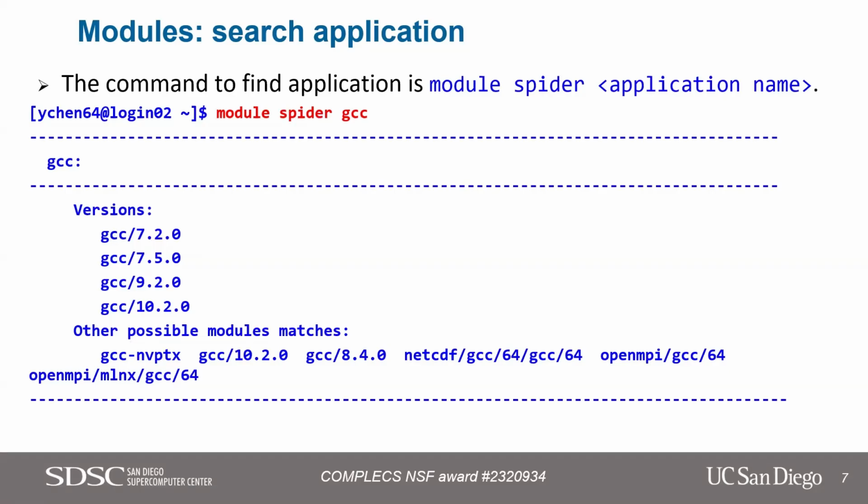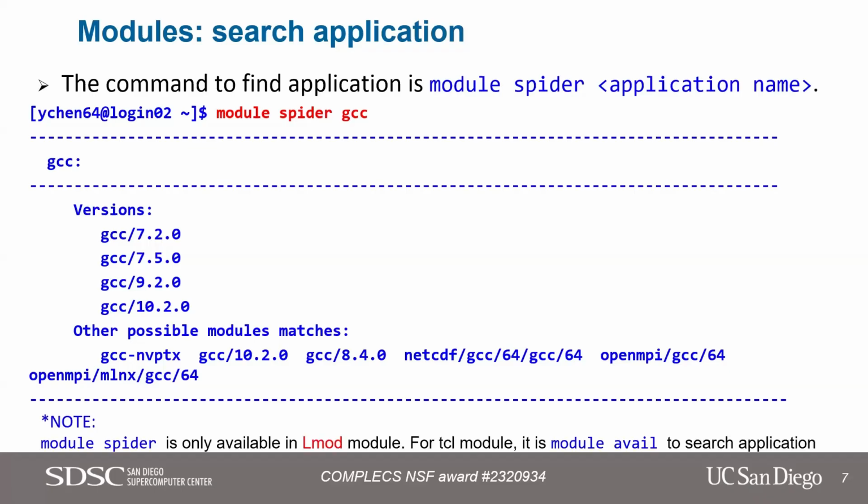For example, in this slide, I want to search for the GCC compiler available on Expanse, so I just run module spider GCC. The output will list all available versions of GCC installed system-wide on Expanse. We can see we have GCC 7.2, 7.5, 9.2, and 10.2. If we just search the name of the application, it will show all available versions.